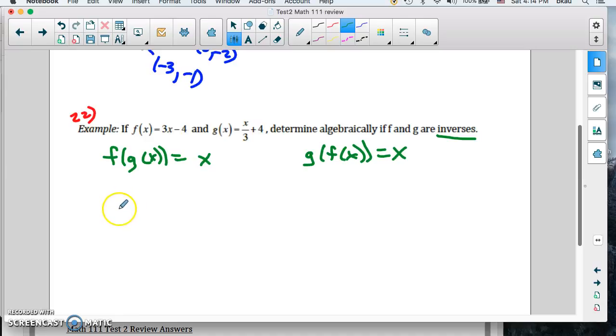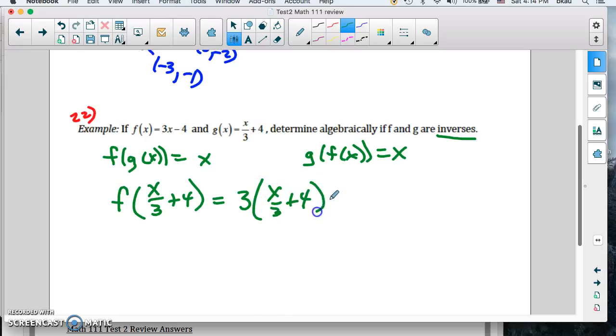So let's take a look at this. This is saying f of g, so let's plug in g. G is x over 3 plus 4. Then we're going to plug that into f. So 3 times (x over 3 plus 4) minus 4, and then we're going to simplify that. We need to multiply by 3. 3 times this is 3x over 3 plus 3 times 4, which is 12, minus 4.